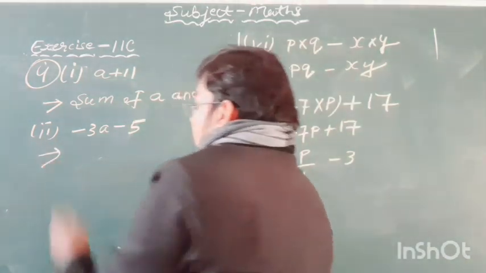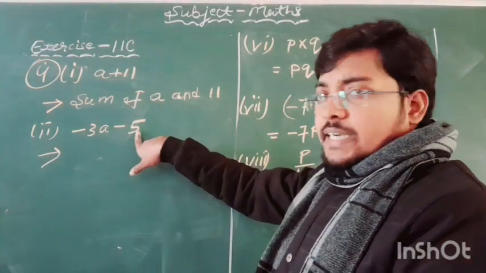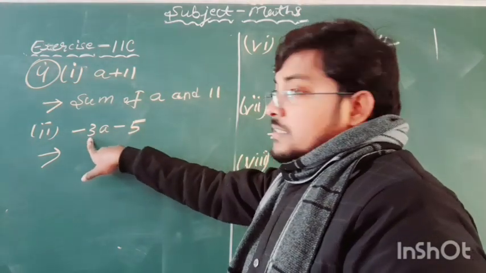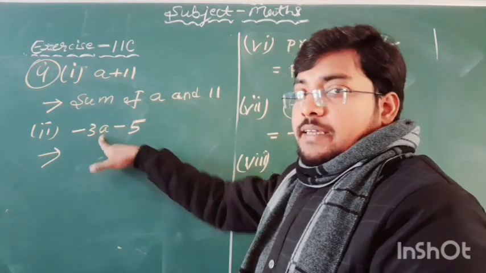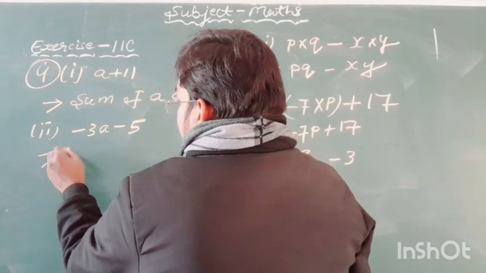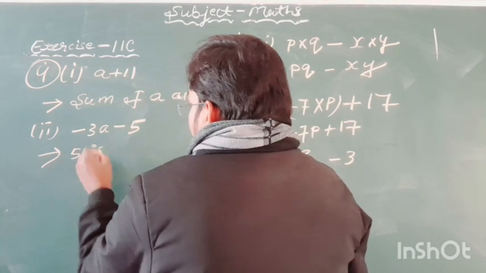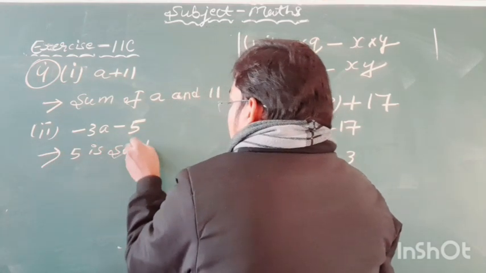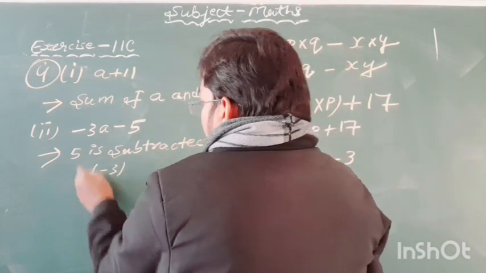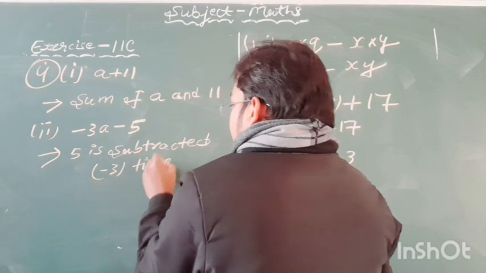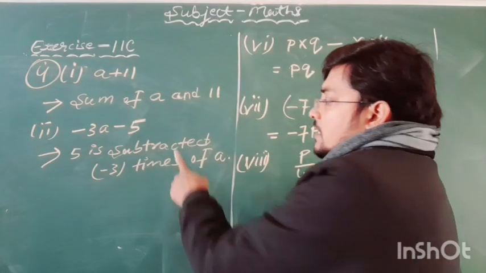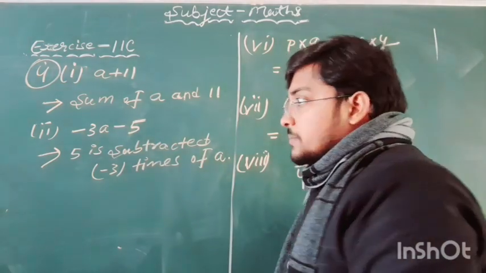In this expression, 5 is subtracted from minus 3 times of a. So we write: 5 subtracted from minus 3 times of a. It is the required sentence for that expression.